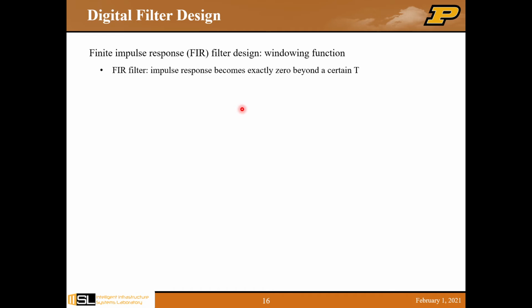Which means that if we consider the filter in the convolutional representation, which is the convolution of the impulse response with the original signal, it is equal to the summation of a limited number of the convolutions of the filter coefficients with the original signal.